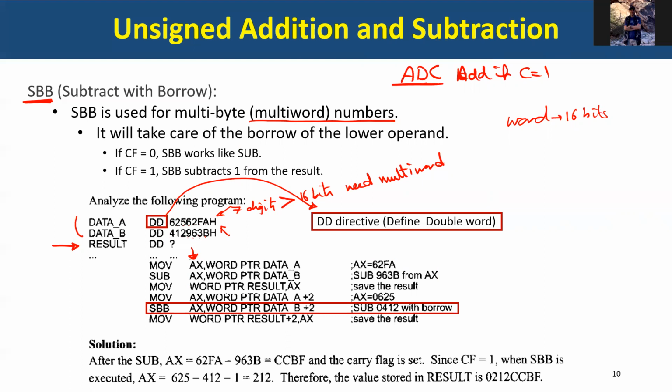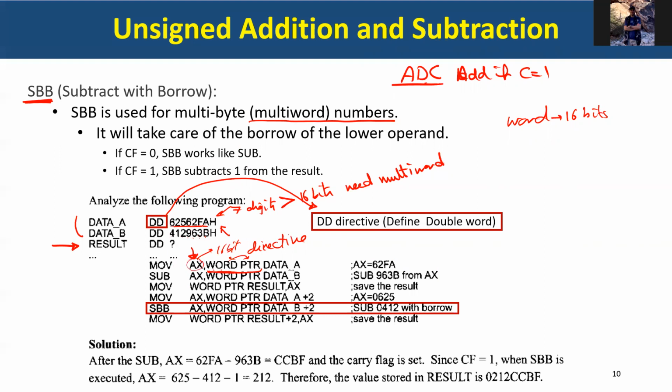So here we move first the first word, and here is how you do it. Remember, this guy is 16-bit, one word, but this number here is more than one word. So you must use word pointer. This is a directive, word pointer directive, that tells the assembler, hey assembler, please bring me what's equivalent to AX.